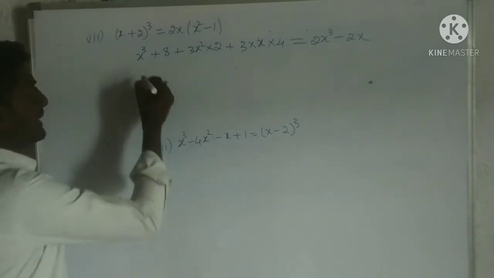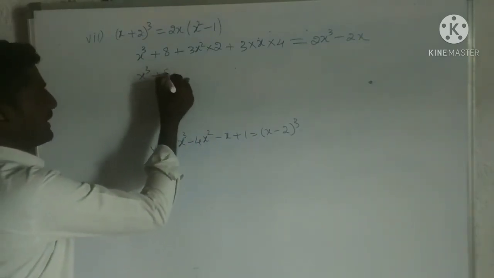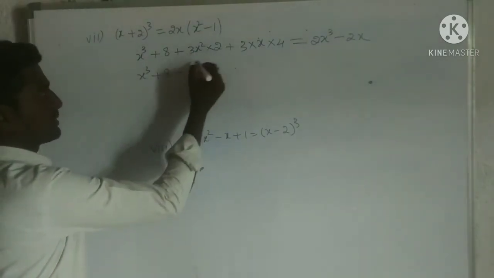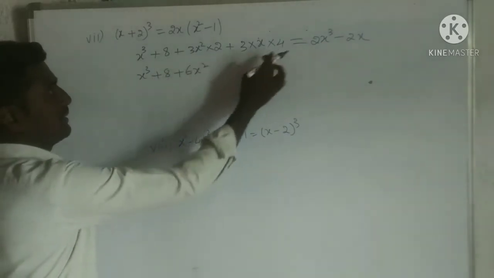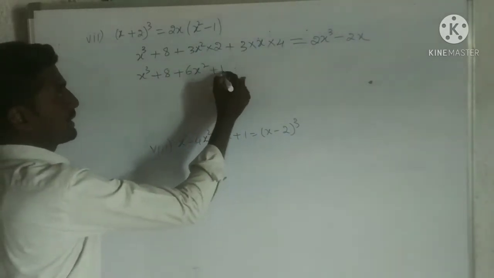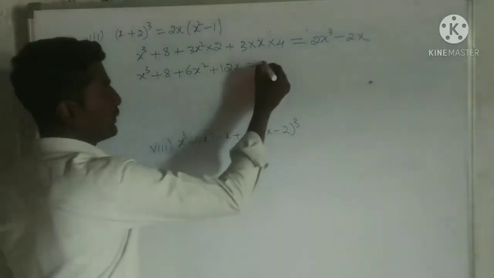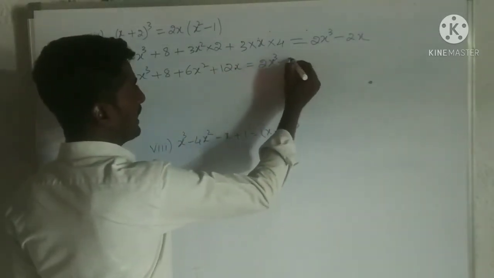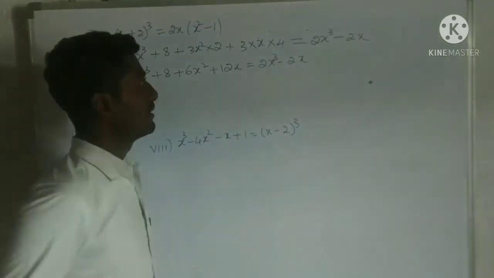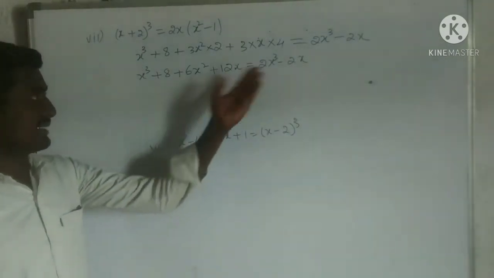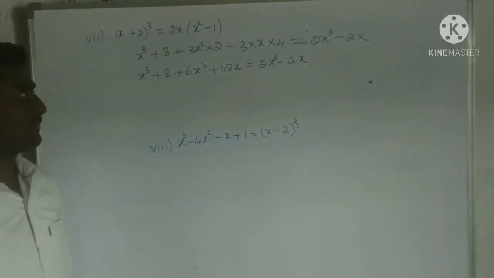Now x cube plus 8 plus 3 into 2 is 6x square, plus 4 into 3 is 12x, is equal to 2x cube minus 2x. Now let us take these two terms to the left side.